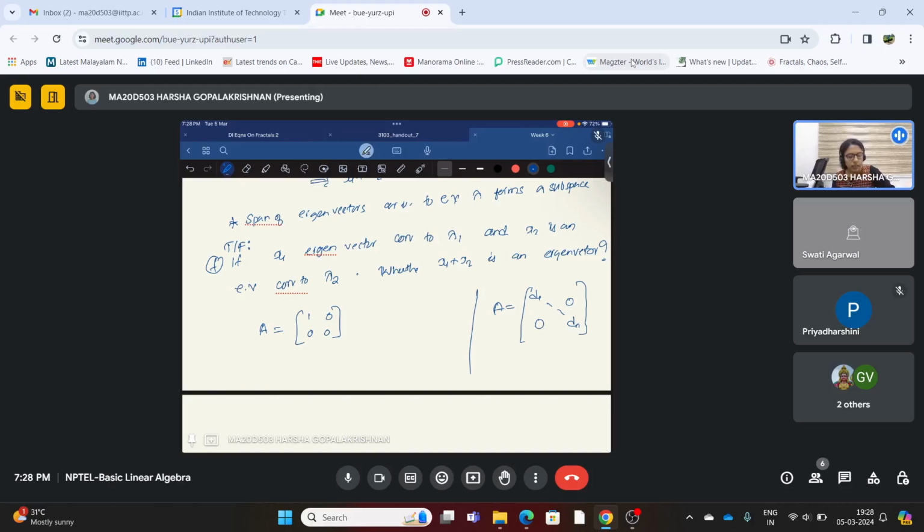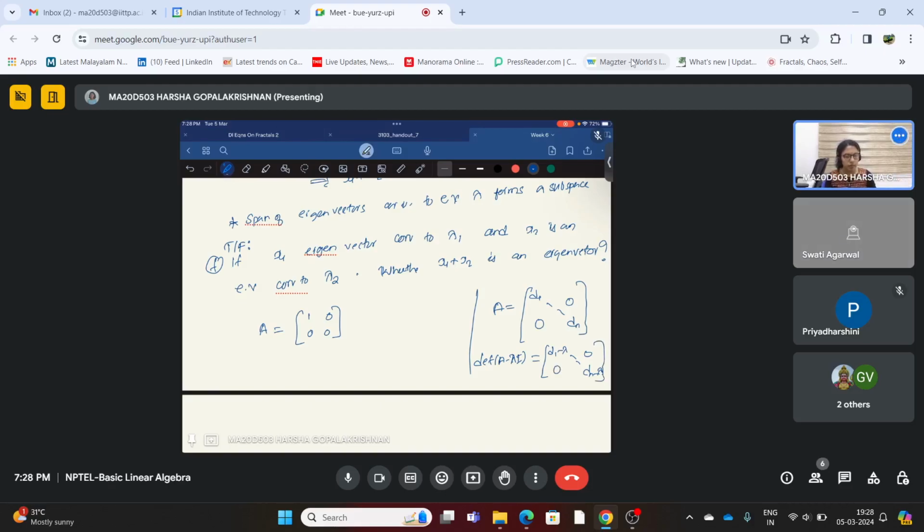If I consider the determinant of A minus lambda I, I will get d1 minus lambda, etc., dn minus lambda, all other terms 0. To find the determinant, just multiply the diagonal elements.